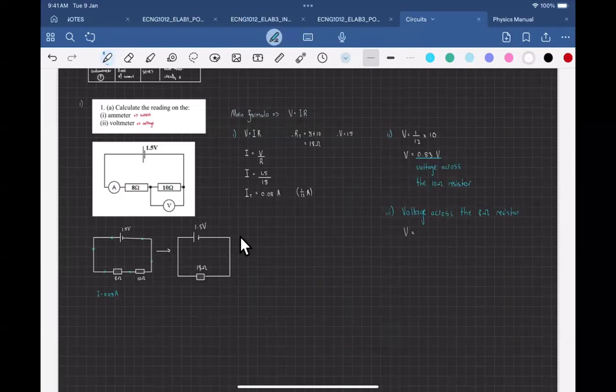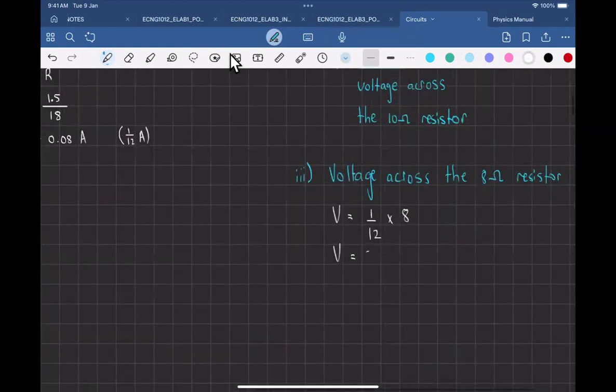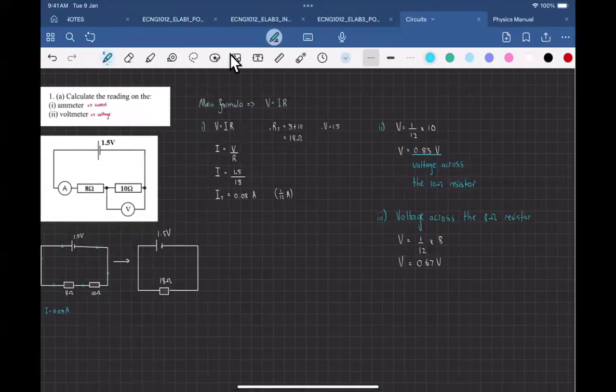Yeah, but we'll use the fraction. So I'll say 1 over 12 times 8. And what is that as a decimal? Somebody tell me what 1 over 12 times 8 is as a decimal. 0.66. Well, that'll be 0.67. Right? And just to wrap up, add 0.67 and 0.83 and tell me what you get.